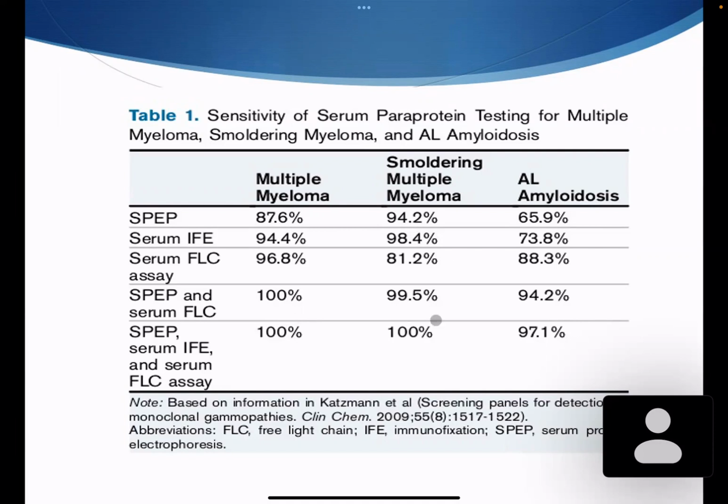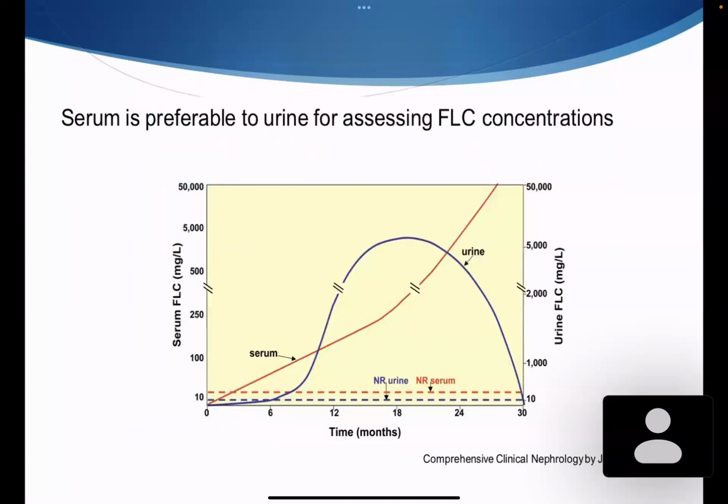The same is for smoldering myeloma, and for AL amyloidosis, you can go up to 97% sensitivity if you use the three tools all together: serum protein electrophoresis, immune fixation, and serum free light chain. So that's why we depend on the three of them for diagnosing these different types of myeloma or paraproteinemia affection. Why serum, not urine?